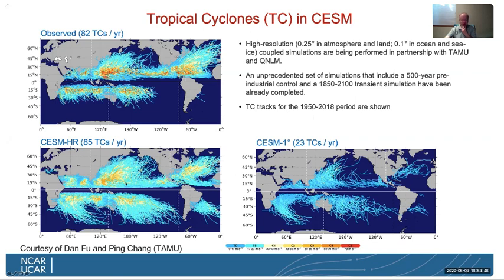If you look at the comparison between the observations and high-res CESM, the intensity of the storms is still less than what we see in observations. You can see observations have more red colors, and this has fewer red colors. And also the latitudinal extent of the tropical cyclone development region seems to be much wider in the high resolution CESM version than in observations.